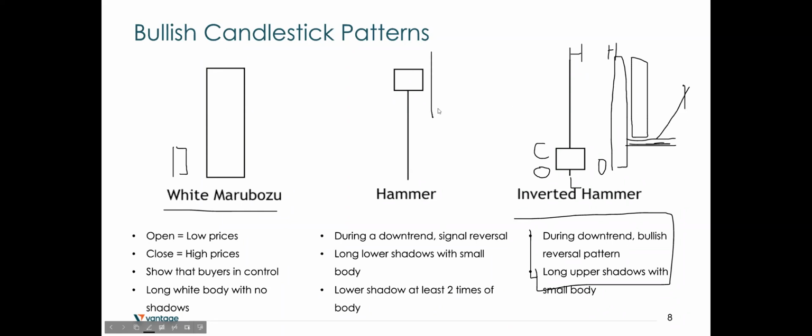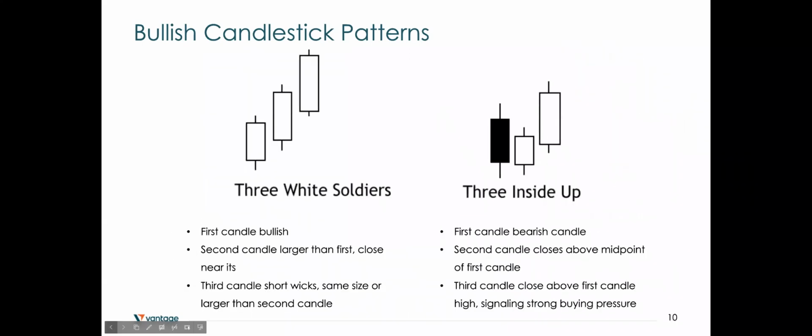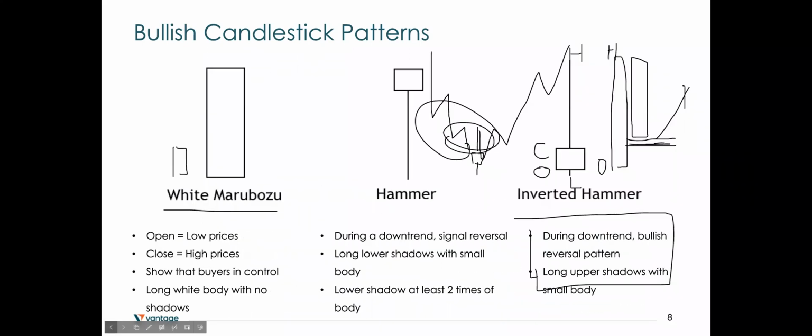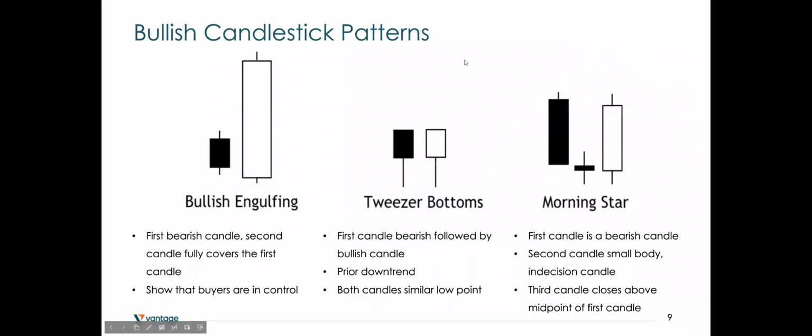So usually we'll see something like that, and then this inverted hammer happens. Basically this was to retest another support, and then it goes up. So this is also considered a bullish candlestick pattern.